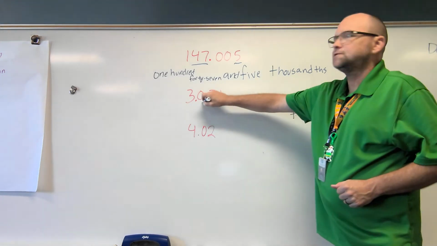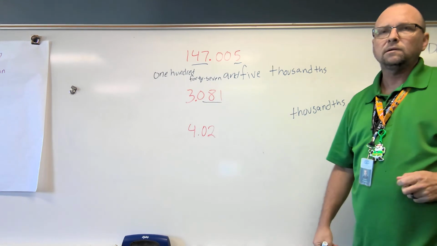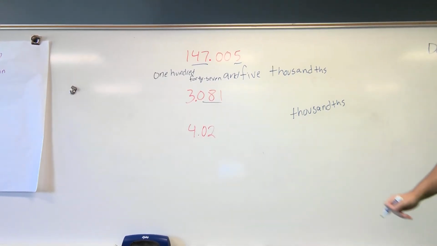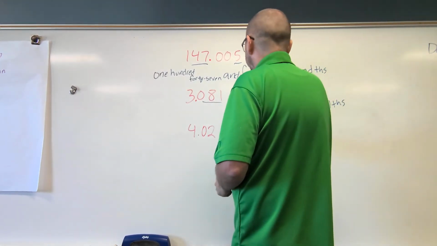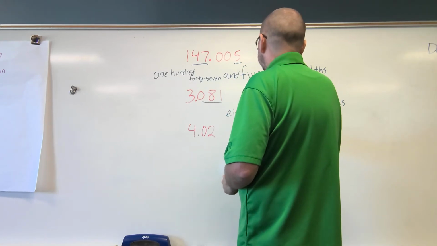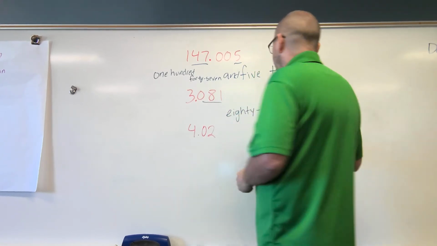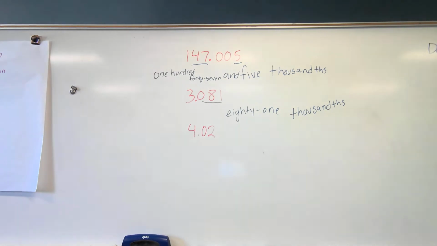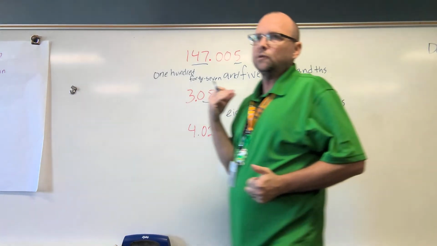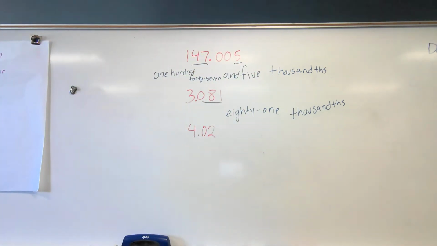How many thousandths do I have here, Garvin? 81. So 81 thousandths. We start at the end of the number. It's going to make you a happy camper. It makes life easier.